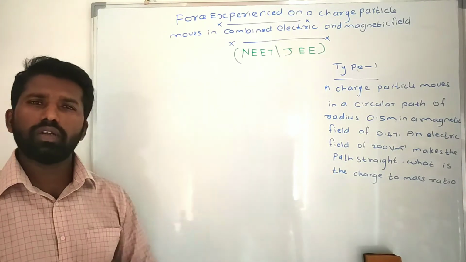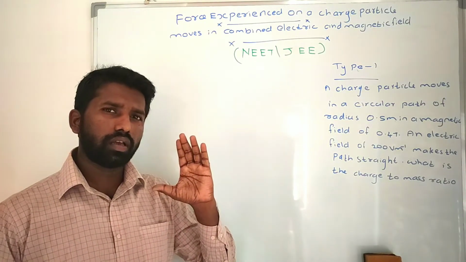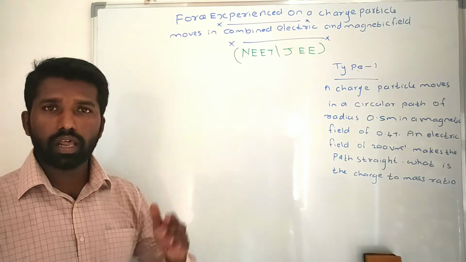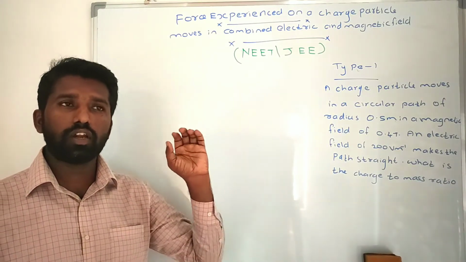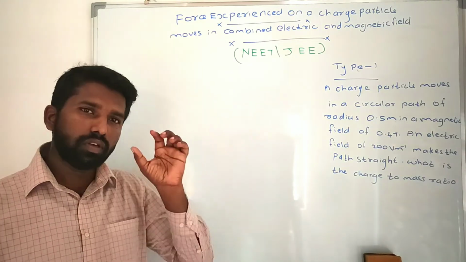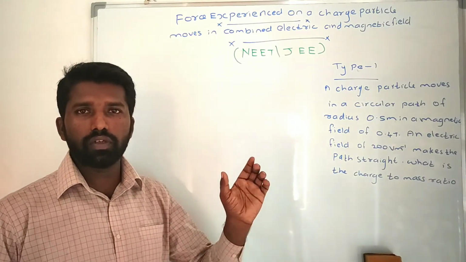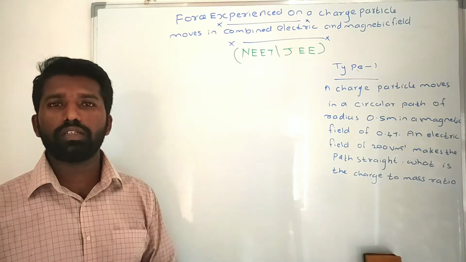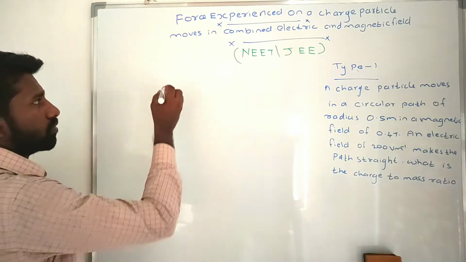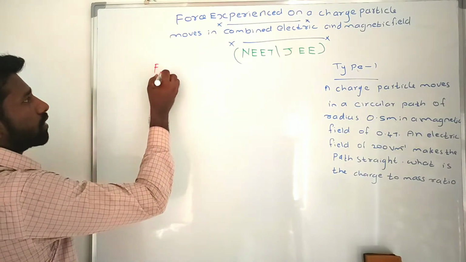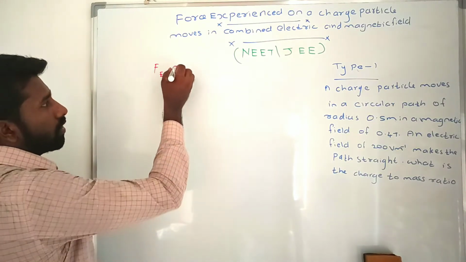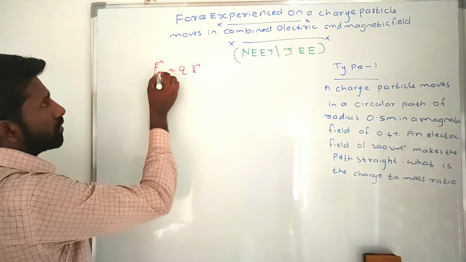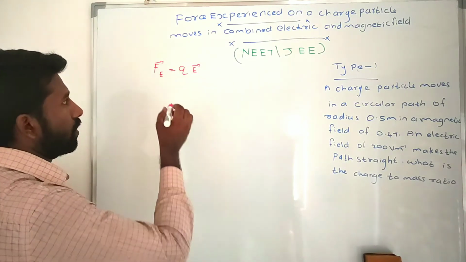If a charged particle moves in a combined electric and magnetic field, it will experience an electric force, that is, an electrostatic force, because it interacts with the external electric field. If charge Q moves in an electric field E, it experiences a force F equals QE.